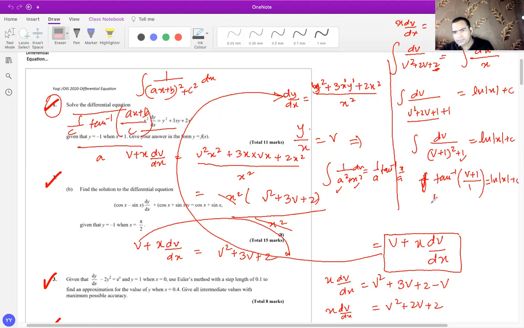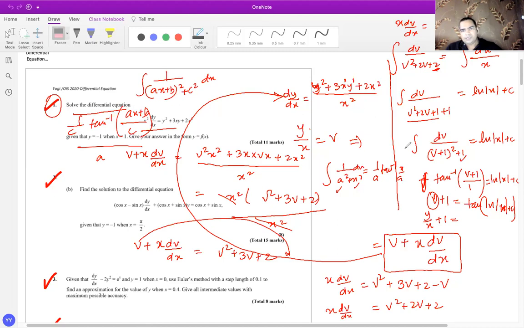solve for tan basically. So v plus 1 equals tan of (ln x plus c), and you can find out the constant now, and v is nothing but y over x, so y over x plus 1 is this. If you make y the subject and then plug in x is 1 and y is negative 1, you're going to get the value of the constant c.